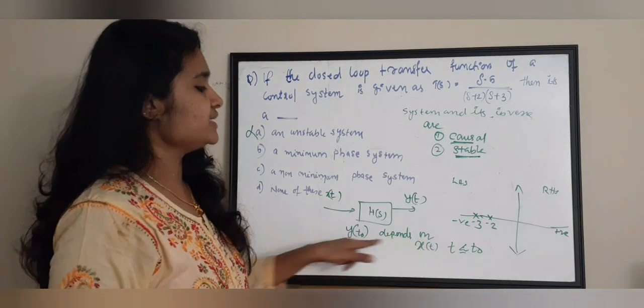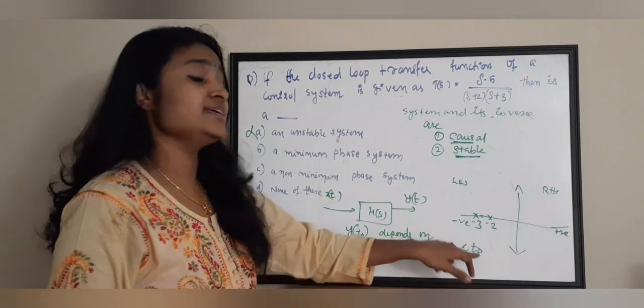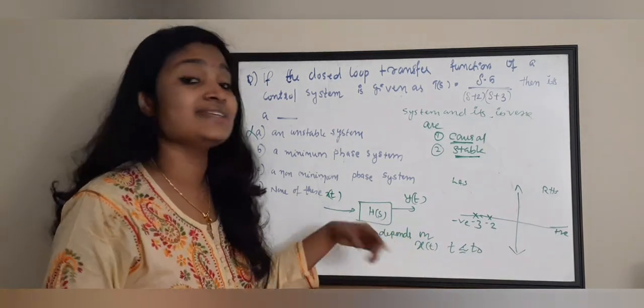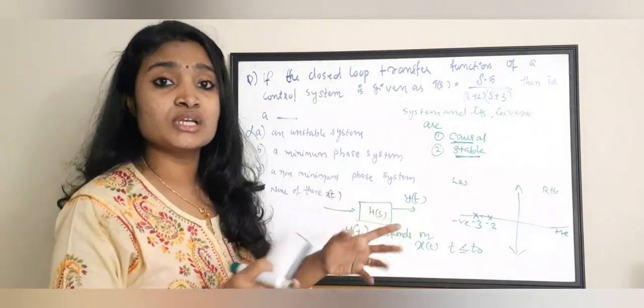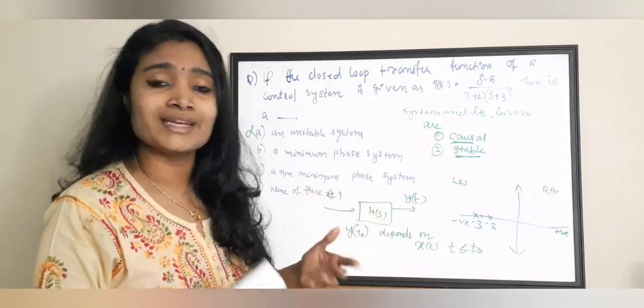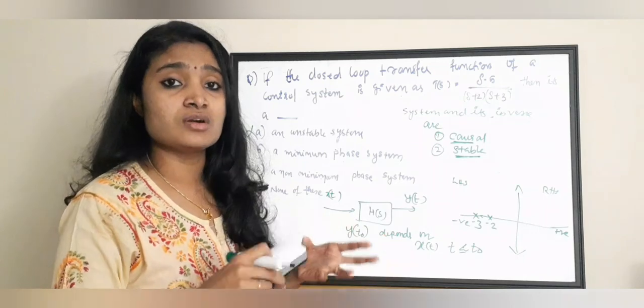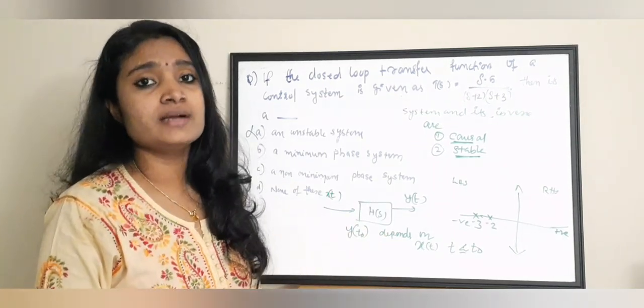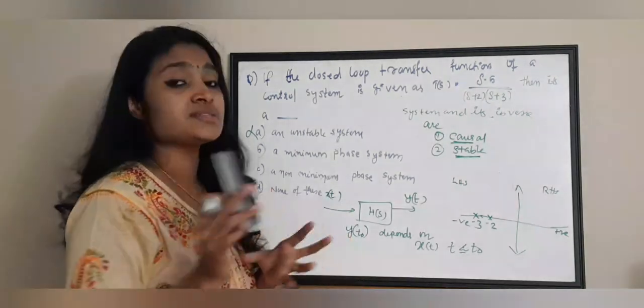Up to t0, the values of x of t are taken, and the future inputs after t0 are not taken by the system, or the output is not affected by the future inputs. Such a system is called a causal system. I hope the concept is really clear.